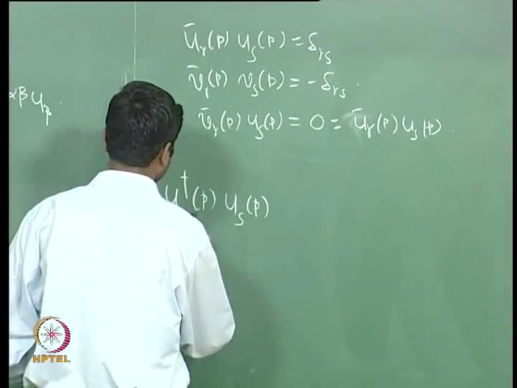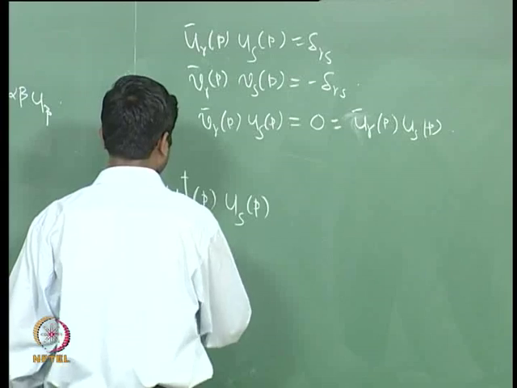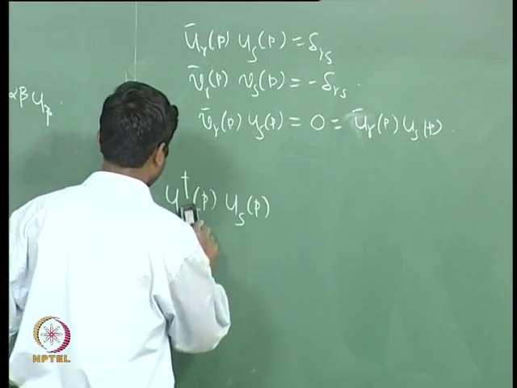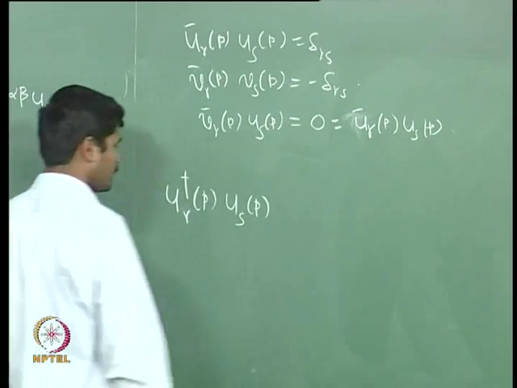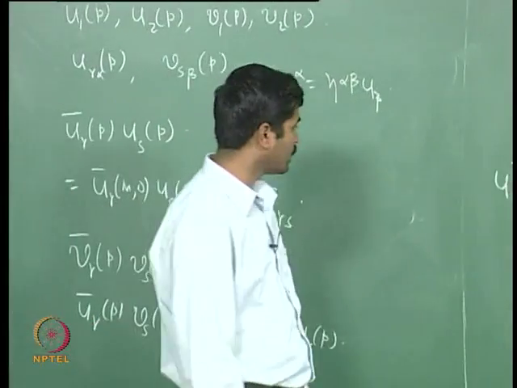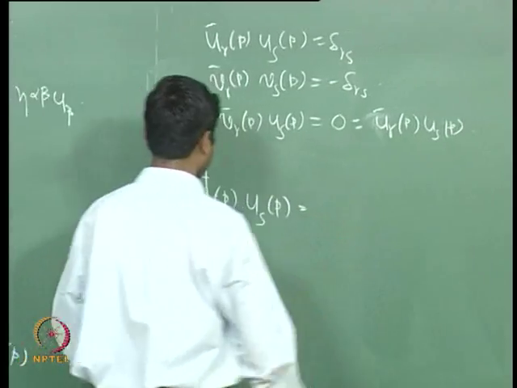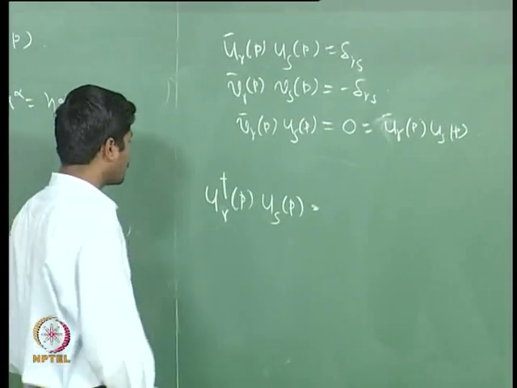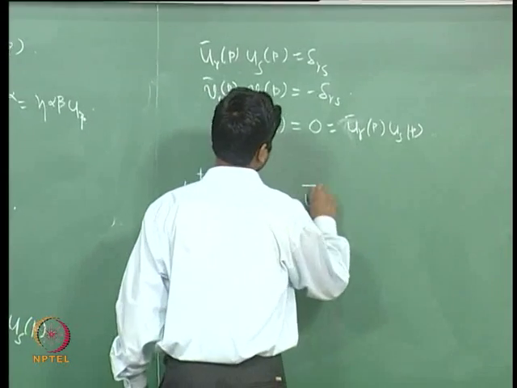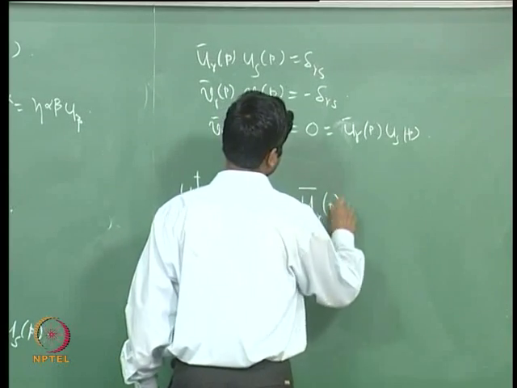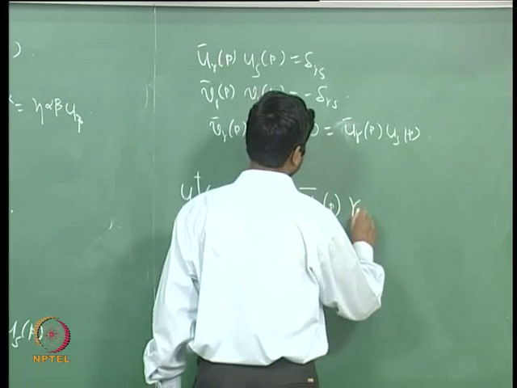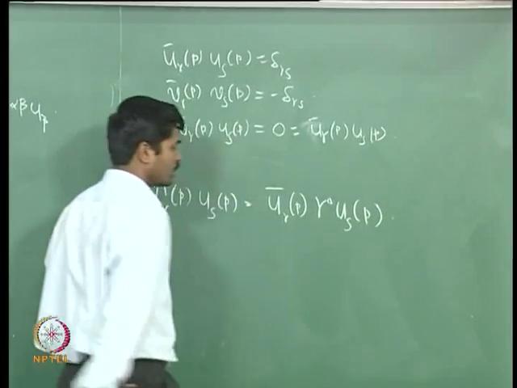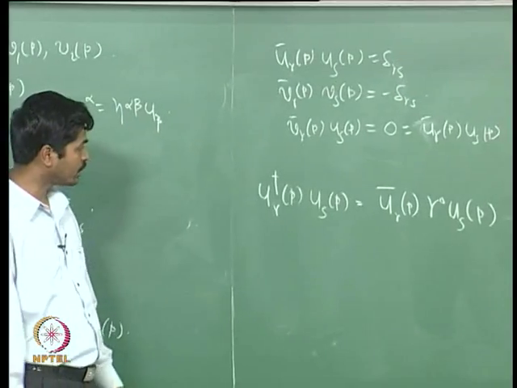However, we can just use the Dirac equation and evaluate this quantity. So let us see what is the expression for it. This is nothing but u bar r(p) gamma 0 u s(p), by definition of u bar.